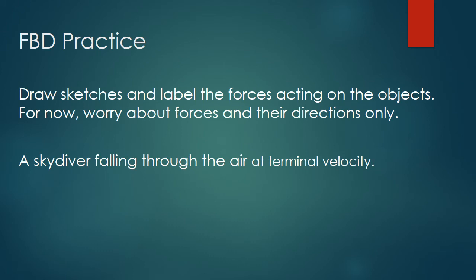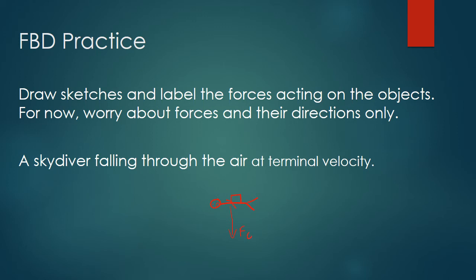Okay, try another one. Pause the video and give it a shot on your own. Okay, so we have a skydiver falling through the air at terminal velocity. All right, so here's the backpack, whatever it is, the parachute. All right, so we have gravity.